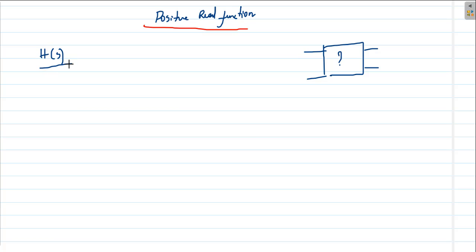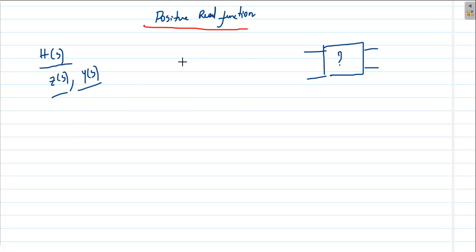A positive real function may be represented as h of s. This h of s may be a driving point impedance, that is Z of s, or a driving point admittance, that is Y of s. What is this driving point impedance and admittance?